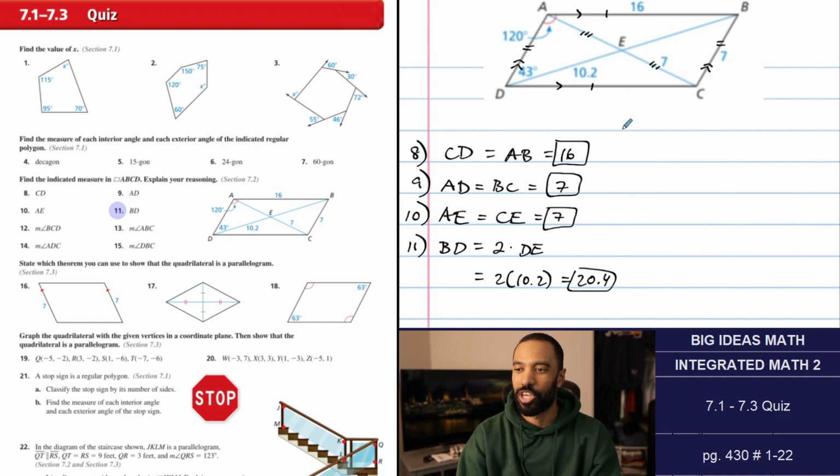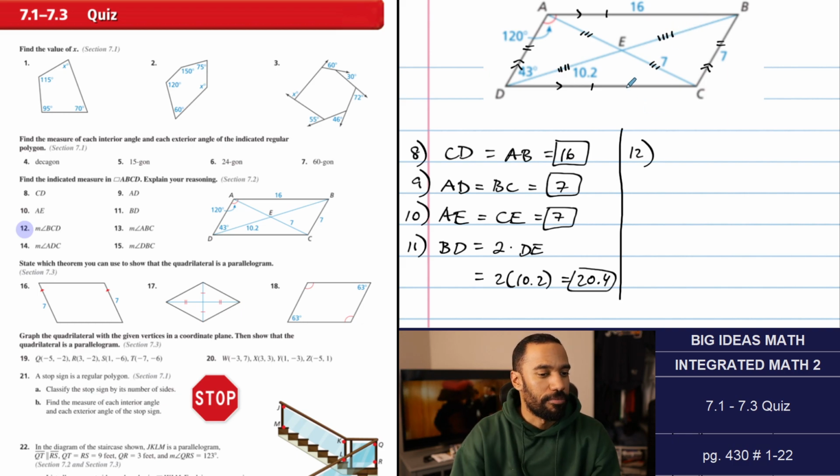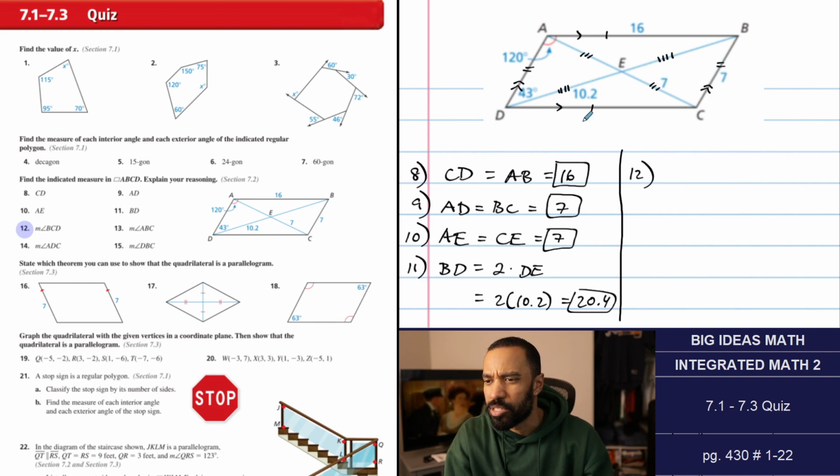All right, let's go to numbers 12 through 15 for the same diagram. Let's start talking about angles and how parallelograms have certain things with angles. Okay, number 12, measure of angle BCD. Where is BCD? BCD is right here.